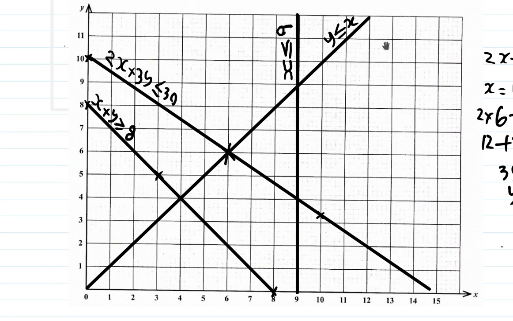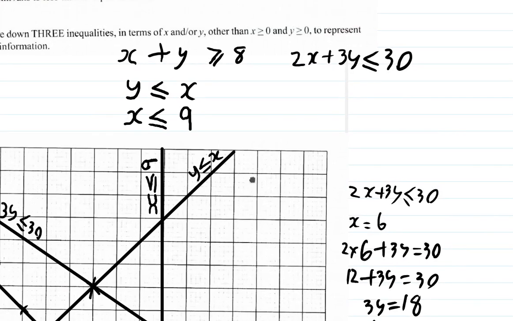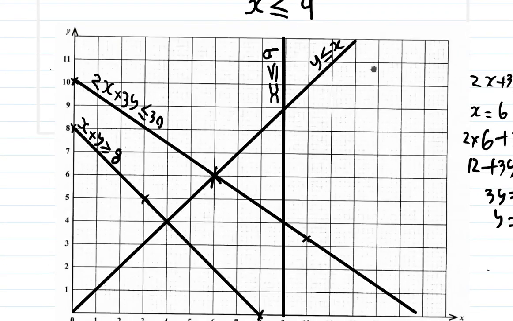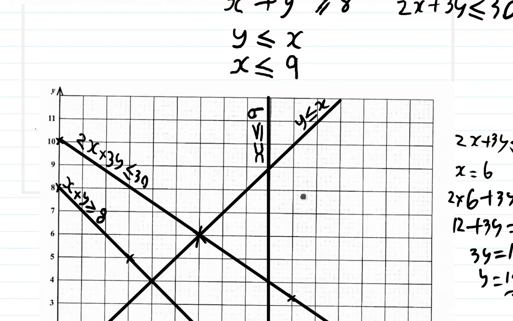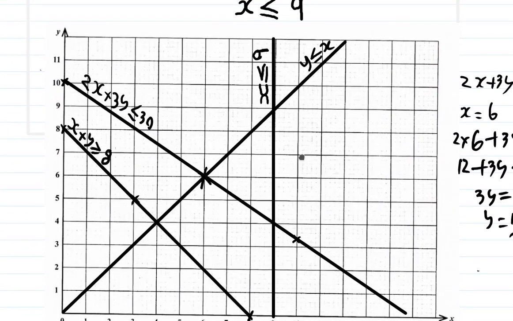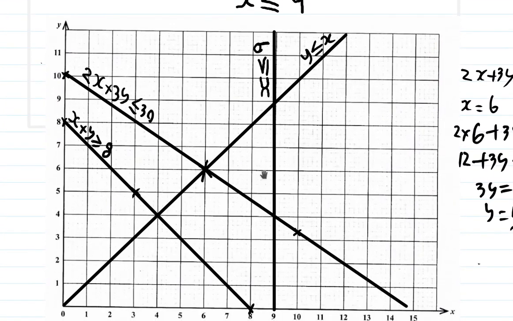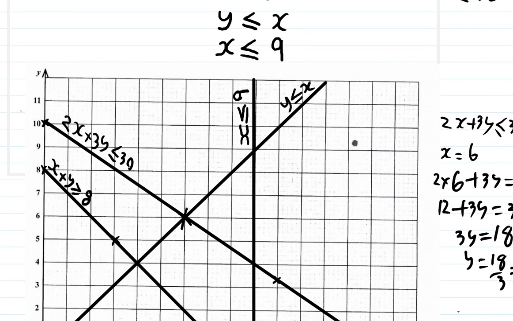When you have y equals x, this line, and x equals 9 would be this line. Good. They want all four inequalities.